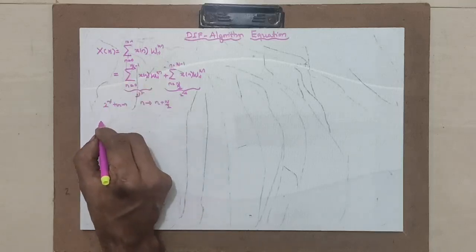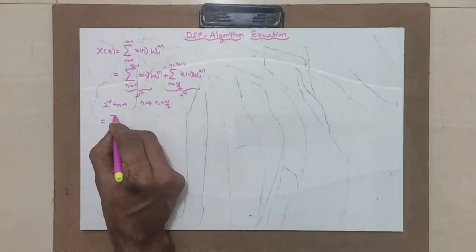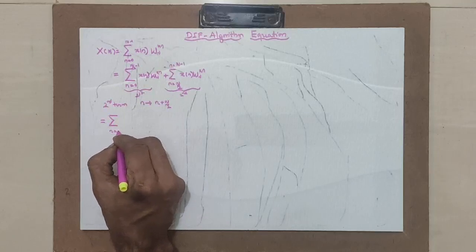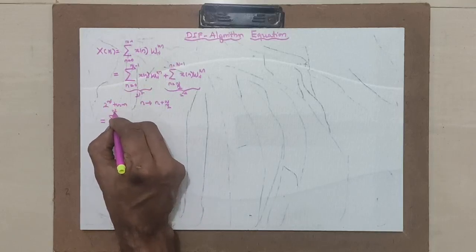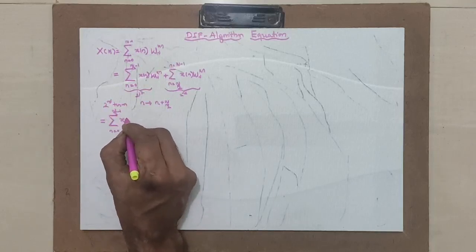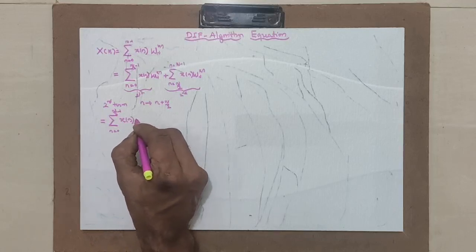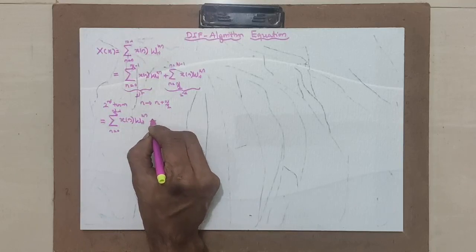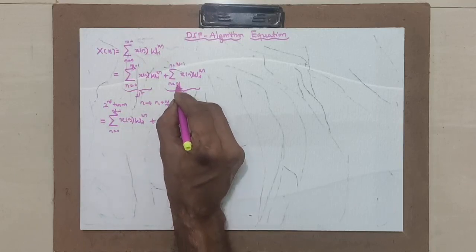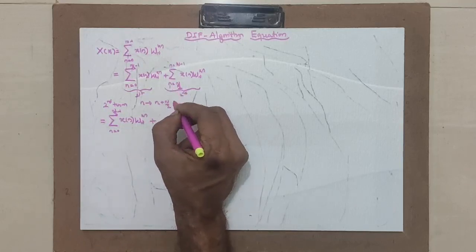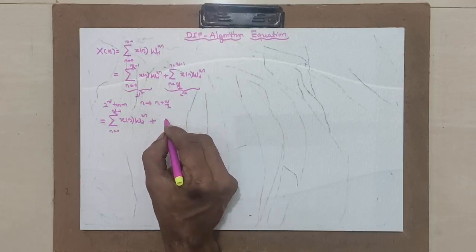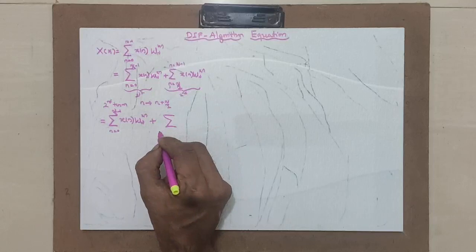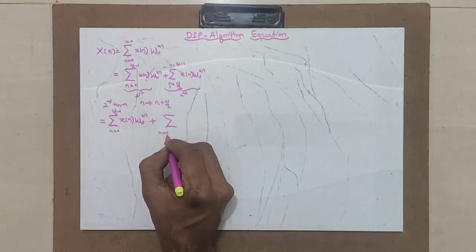The first term will be like that only: summation n is equal to 0 to N by 2 minus 1 x of n W_N raised to kn, plus here, instead of n I am writing n plus N by 2.